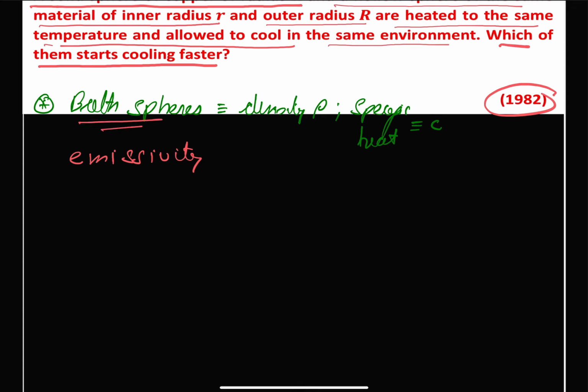And secondly, it is said they are heated to the same initial temperature and cool in the same environment. So it means the temperature difference between each sphere and the environment is identical at the start.